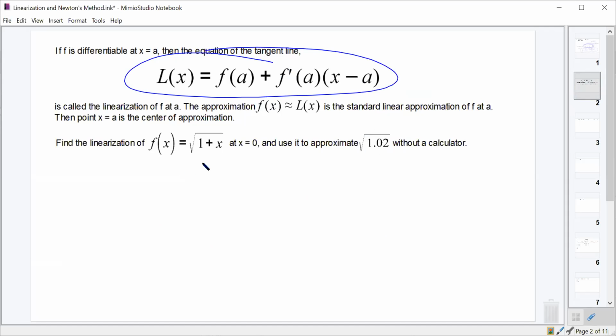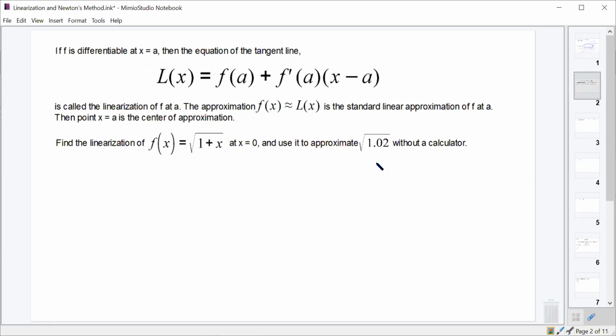If I have a function and I can find that function's derivative, it's really easy to approximate this without a calculator, but it's not so easy to figure out what that is without a calculator. Does that make sense? A little bit? Okay.